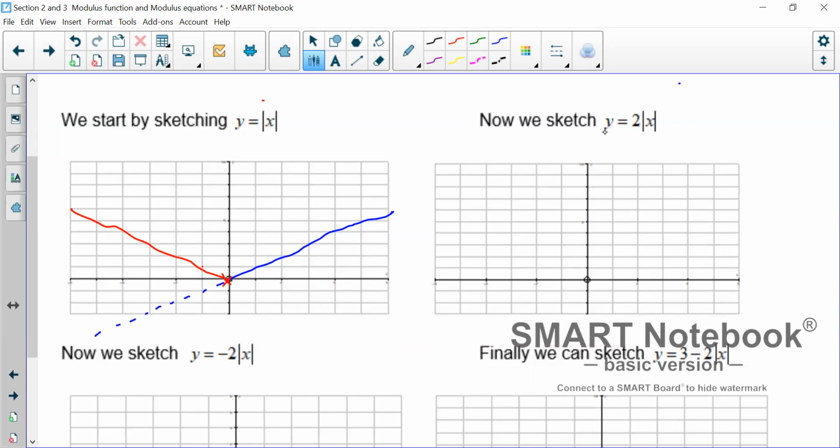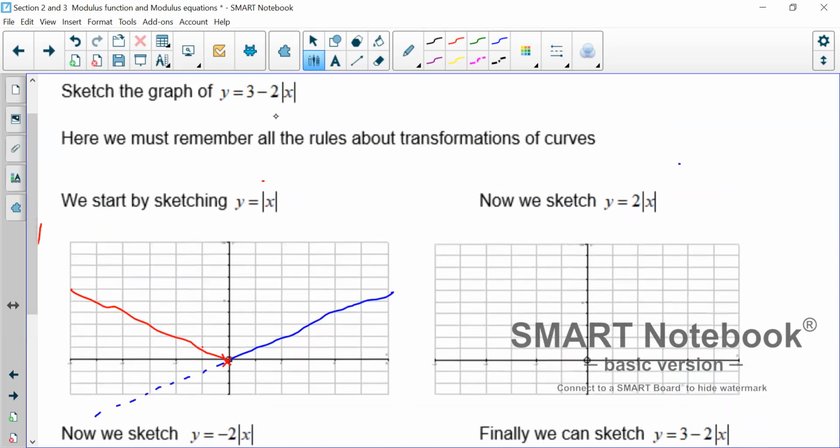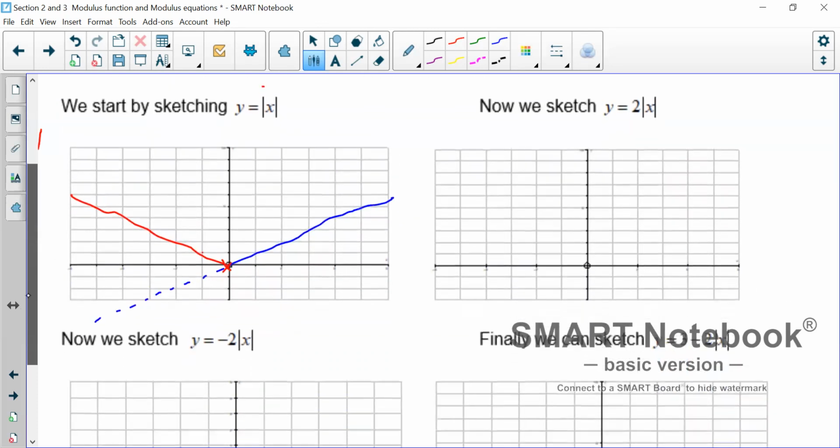Next, by looking at the original equation, we have 2 times modulus of x, so now we're going to multiply by 2. Think about transformation.